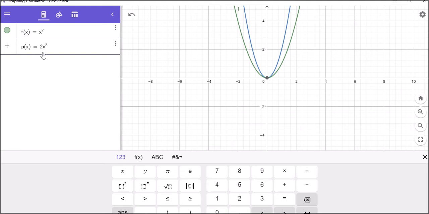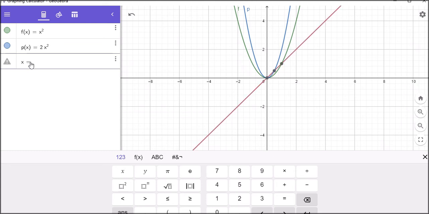Because a is 2, which is more than 1, it's stretched vertically by a factor of 2. What does it mean? We can draw a vertical line, like x = 1, so we can compare the two graphs. After the transformation, the y value is greater than f(x), the parent function. So this means it's stretched vertically.